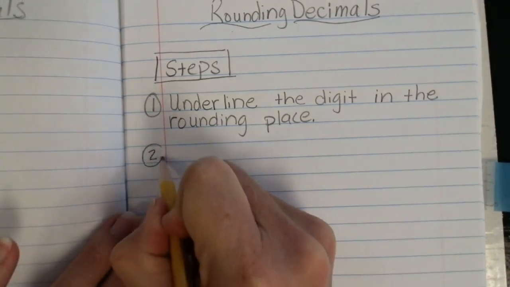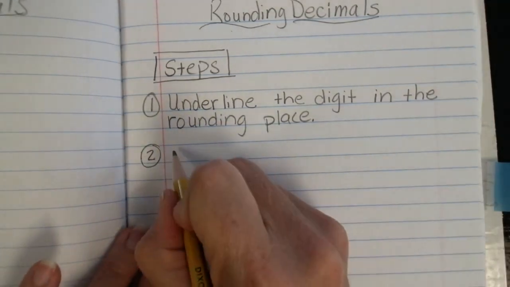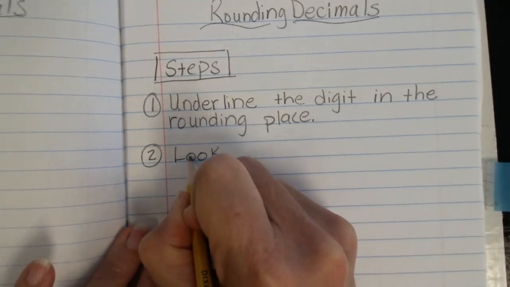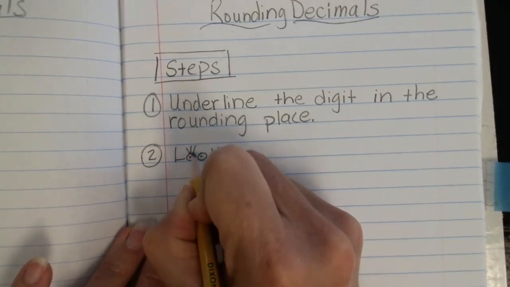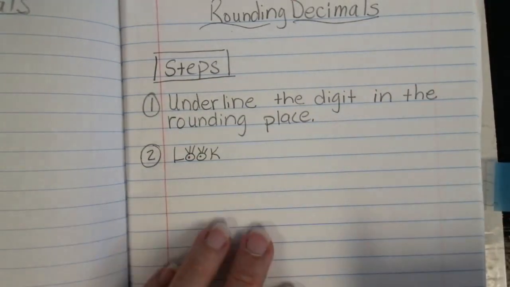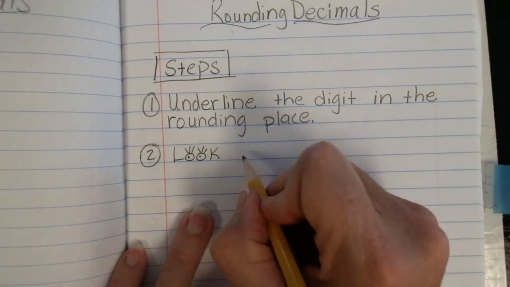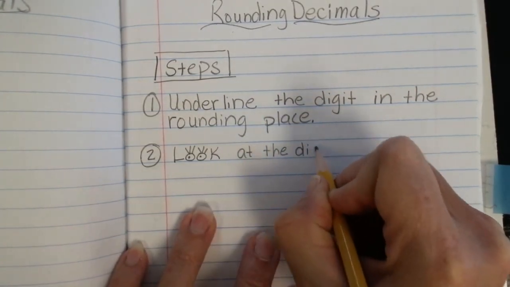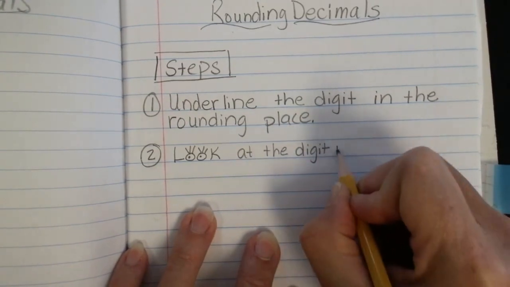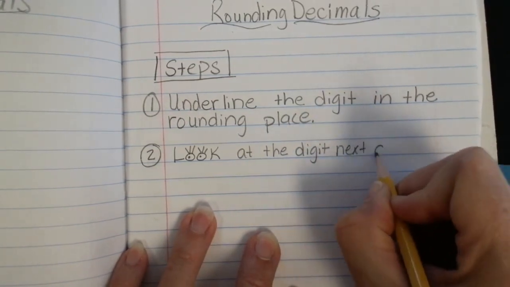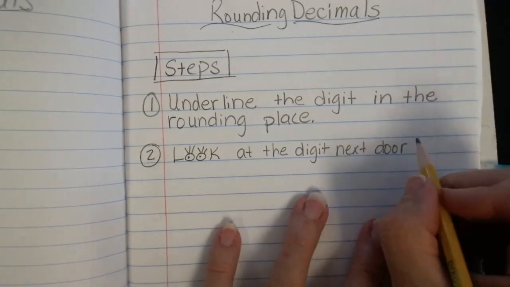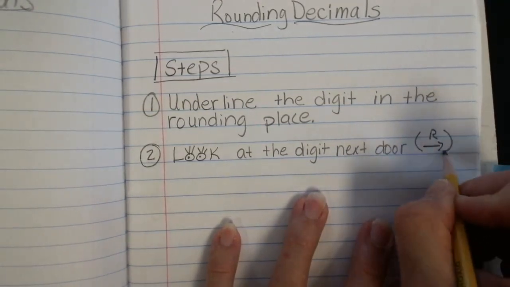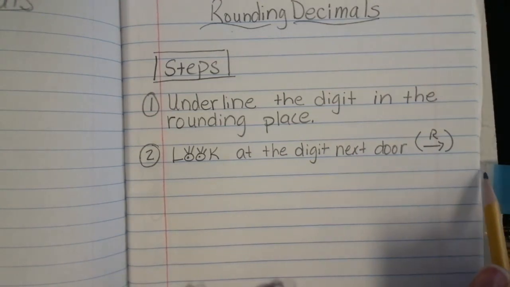Step 2, okay? We're going to look. Let's do some eyeballs for look. So we remember we need to look, okay? We're going to look at the digit next door. And the direction that we're going next door is we're going to go to the right. So whenever you look next door, we're looking to the right, this direction.